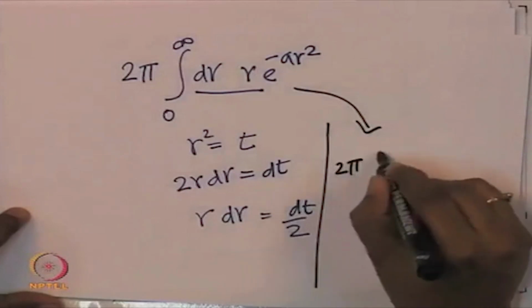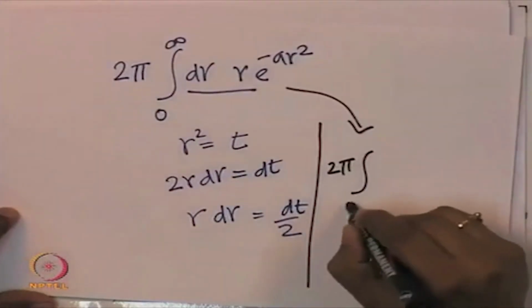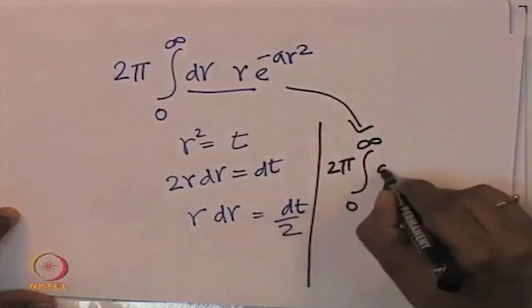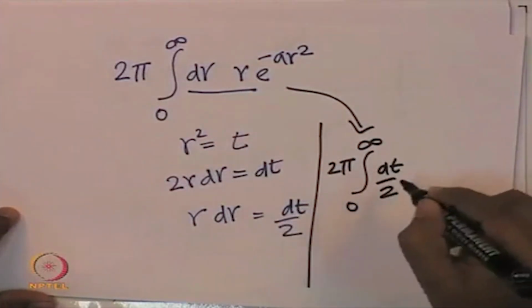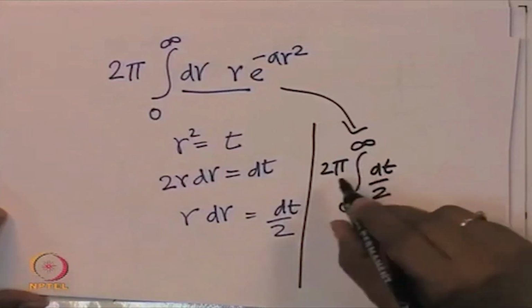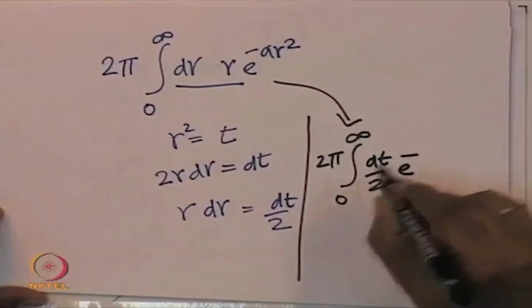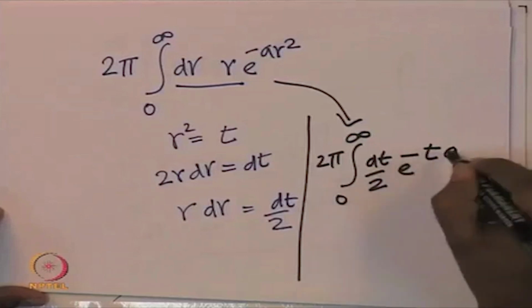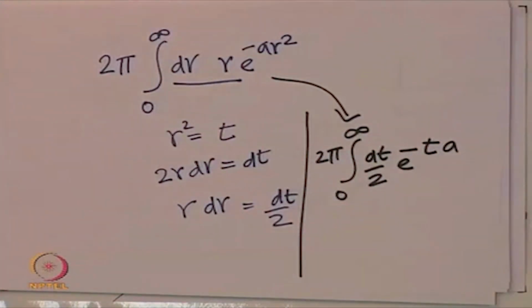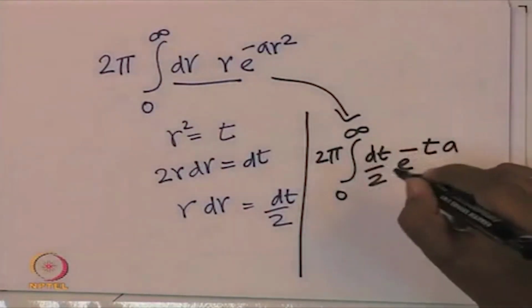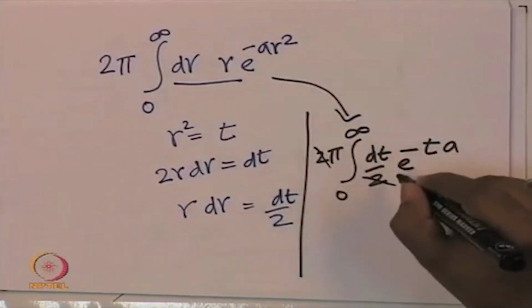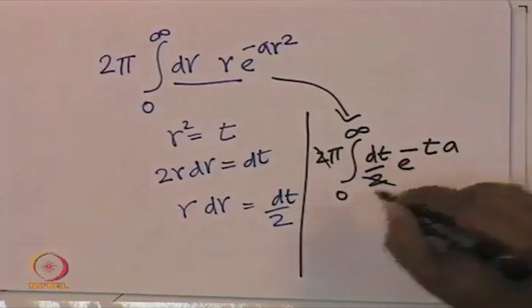If I do these substitutions, this becomes 2 pi, integral 0 to infinity, r dr is basically dt by 2, and e power minus a r square, sorry, r square is t, so it is e power minus a t. There is dt by 2 here. So, this 2 and this 2 cancel, and you have pi times the integral of dt e power minus a t from 0 to infinity.